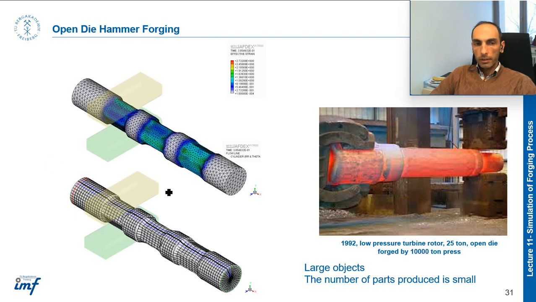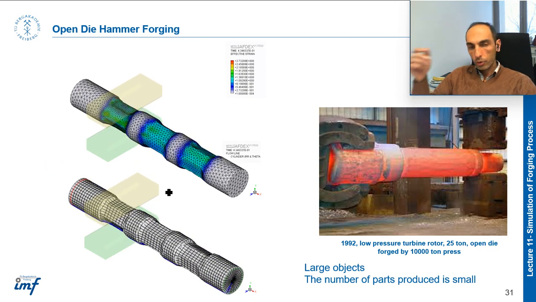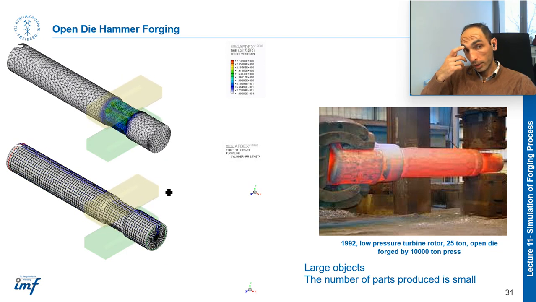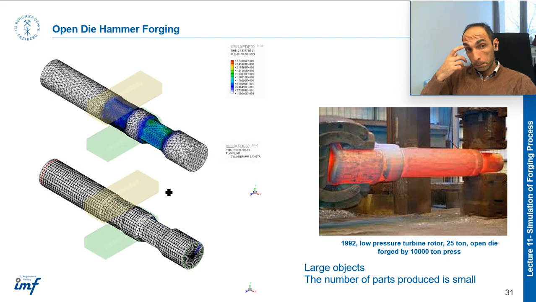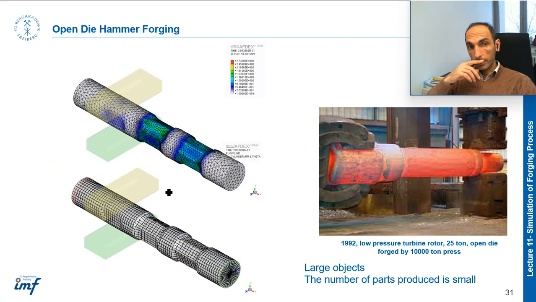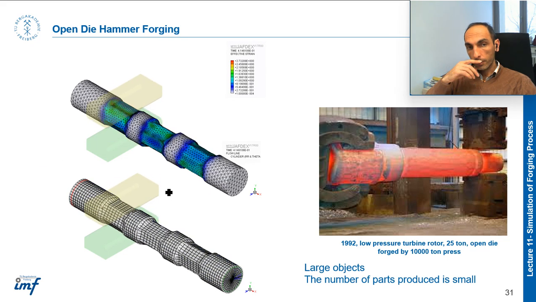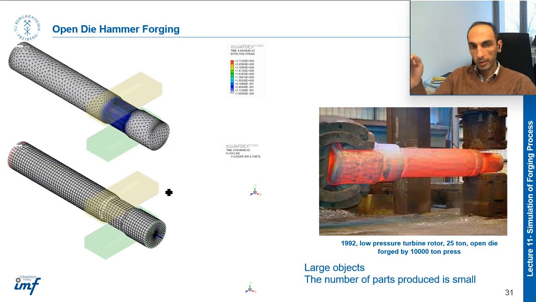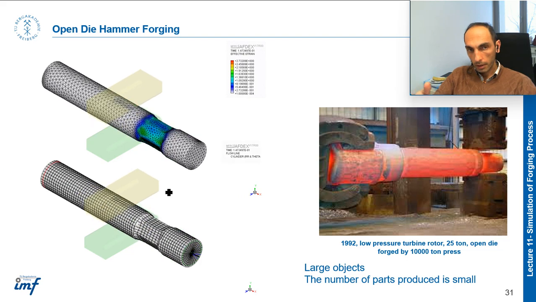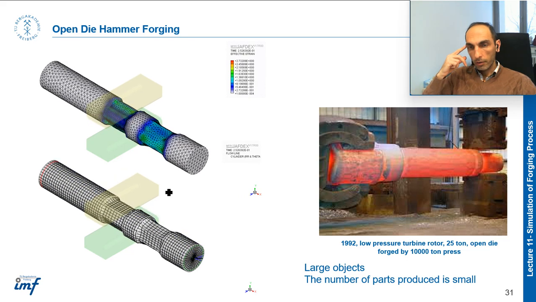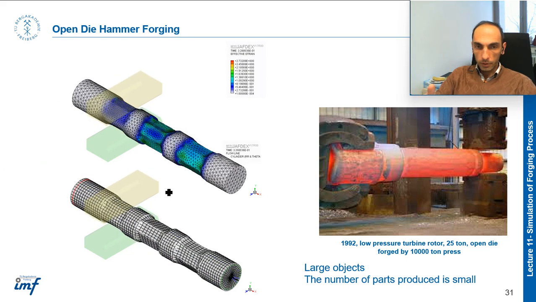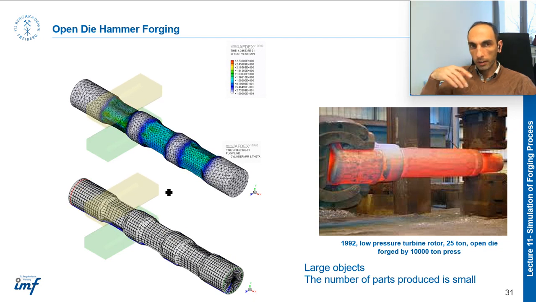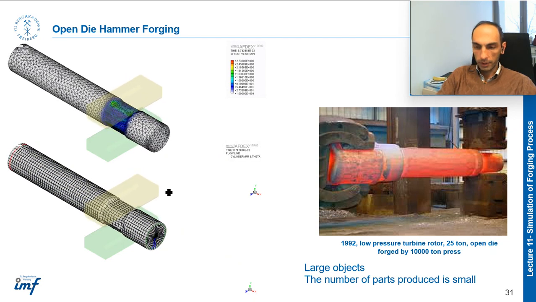Not exactly, so you should apply some machining to obtain the final parts. But of course the mechanical properties are much better than in the case that you just, for example, do the casting and then machining. So here you have a big casting part, and then after casting, open die forging, and then finally machining.